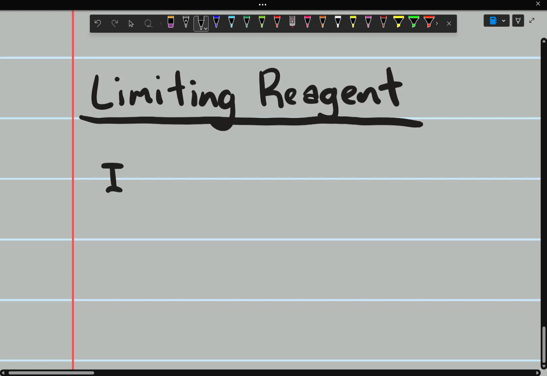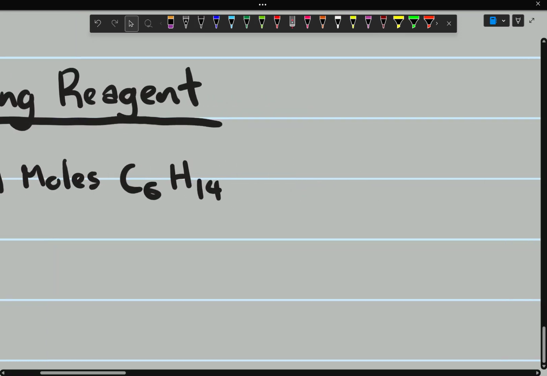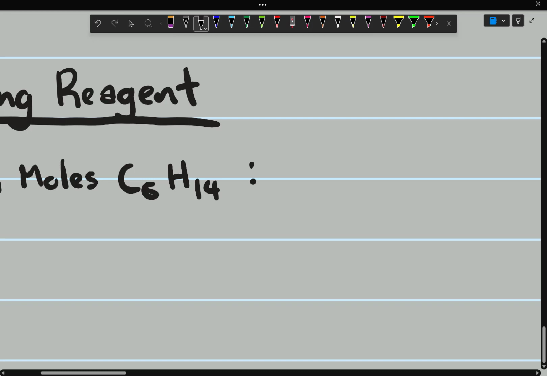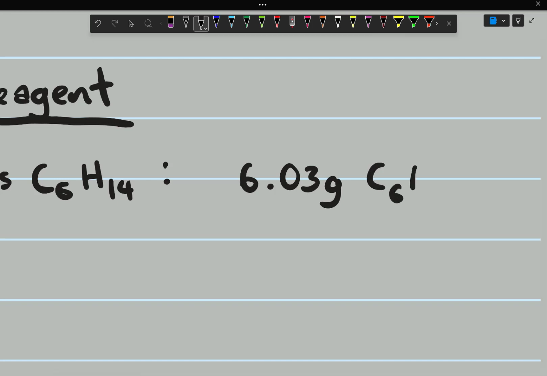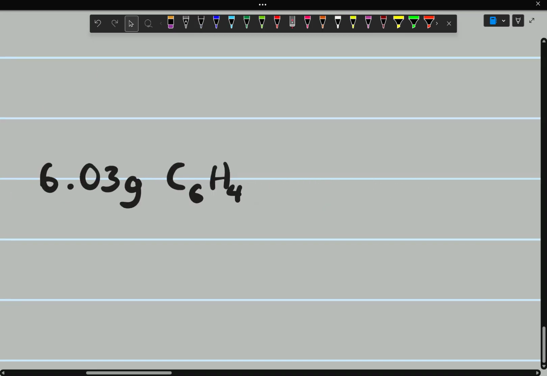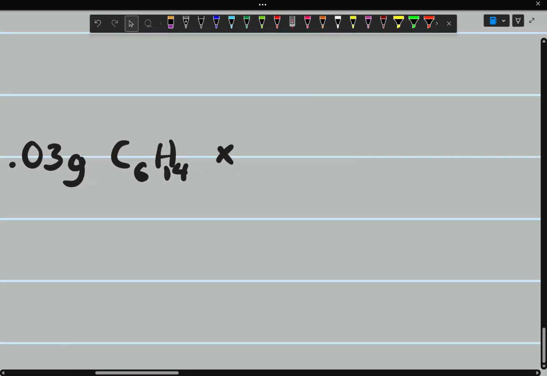So the initial moles of hexane, which is simplified as C6H14, is as follows. We start with 6.03 grams of hexane, and we can use the molar mass to create a ratio to find the amount of moles that is.